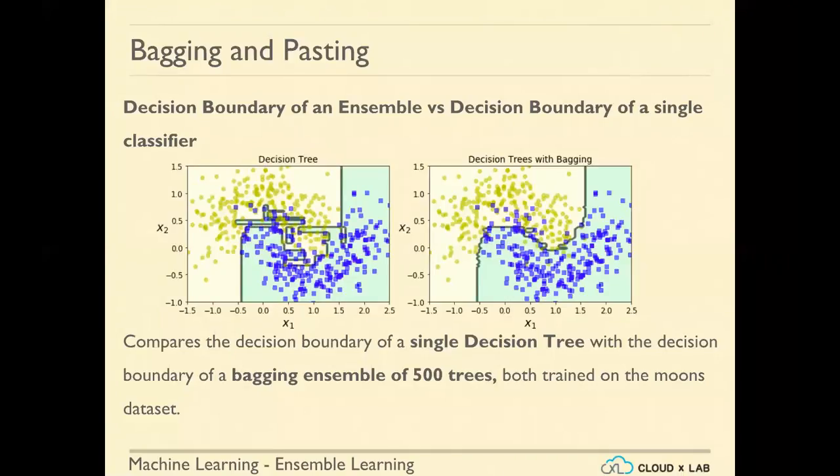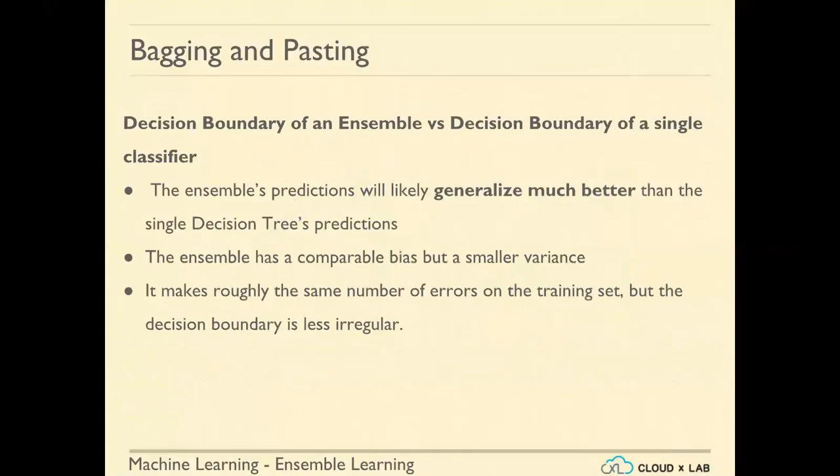But the overfitting, you can clearly see here, the individual decision tree is overfitting, and since we are averaging out the values, the overfitting will be resolved by the ensembling. By the ensembling, you will get similar bias but smaller variance. Is it clear? So it makes roughly the same number of errors on the training set, but the decision boundary is less regular.